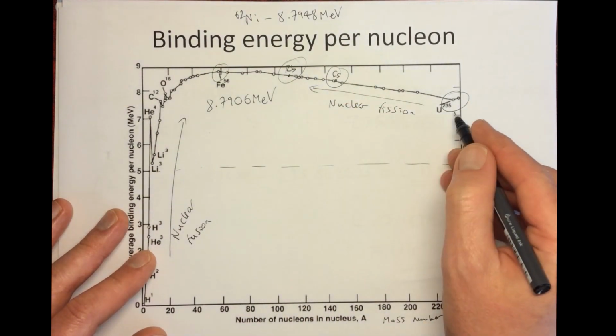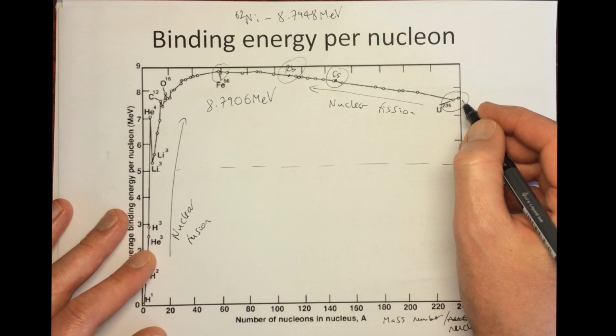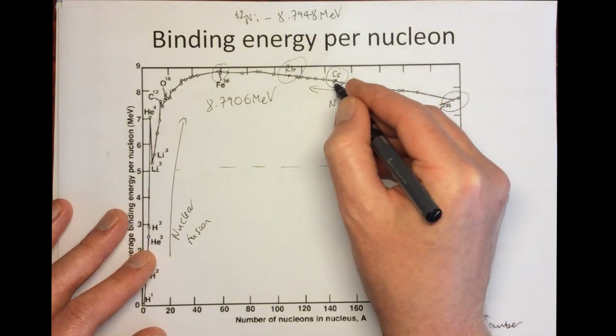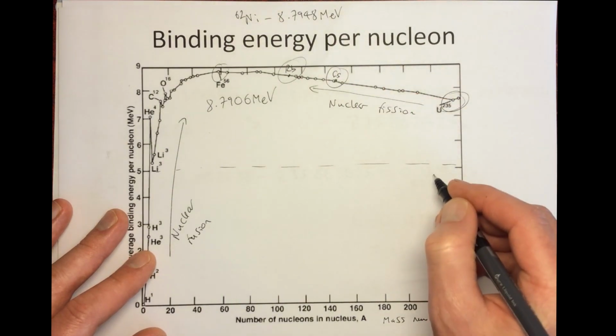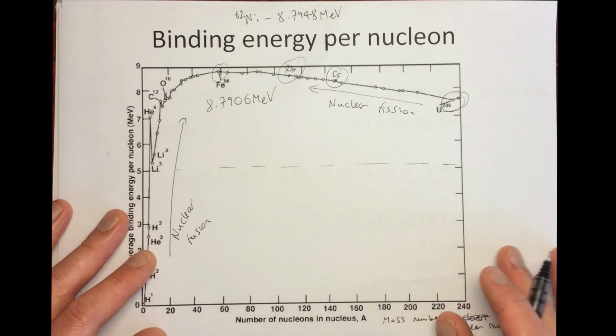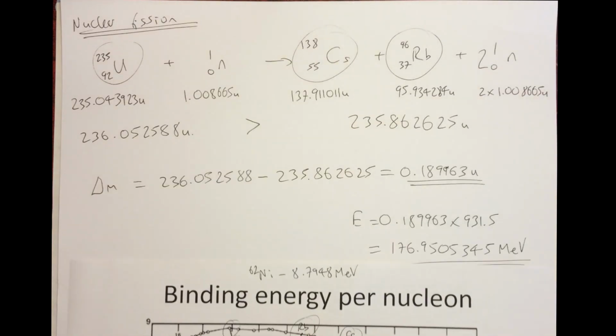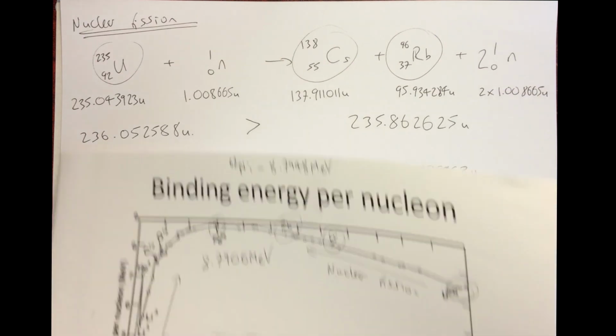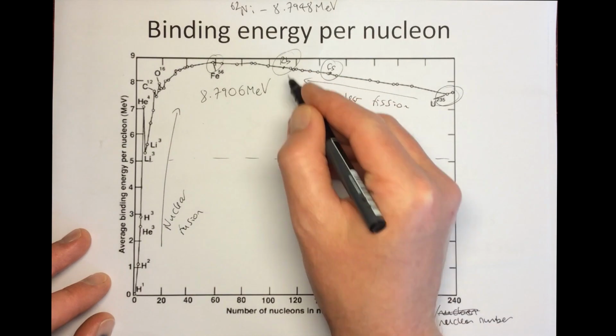So that means that basically these are more stable than this, and that means that they must have released energy. Okay, and that released energy is the energy we just worked out here. That's the amount of energy that's released when uranium becomes these 2 products. Okay, energy is released because these become more stable.